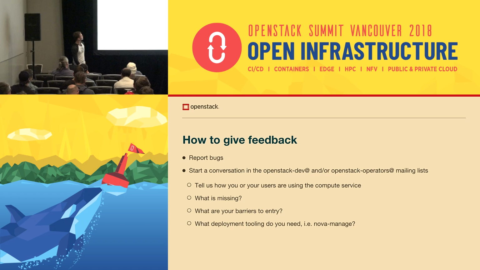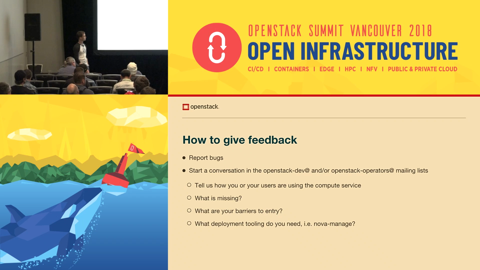Okay, so how to give feedback. This is just how you can talk to us and give us your feedback as you're using Nova, like any problems you've been having, what's missing, and we've been doing a lot of new work, so getting feedback about all of that is really helpful so that we can make changes.